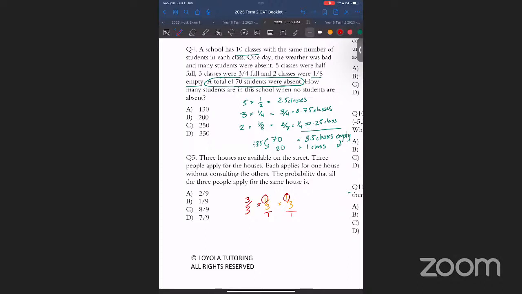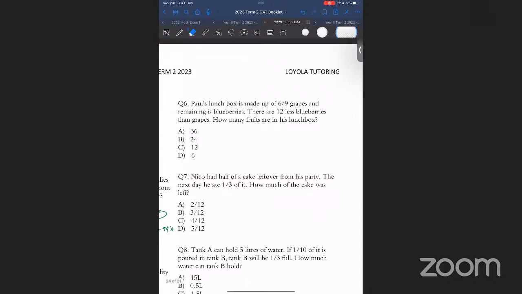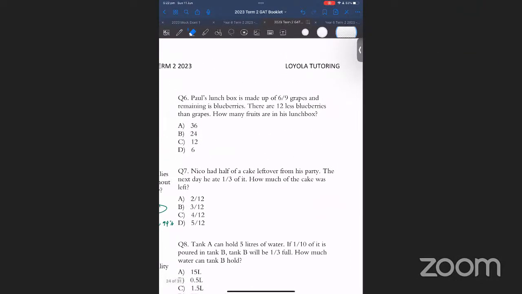So then it becomes 3 multiplied by 1 multiplied by 1, which is 3. 3 multiplied by 3 multiplied by 3 is 27. And that is equal to 1 out of 9. Do you guys understand? Awesome.